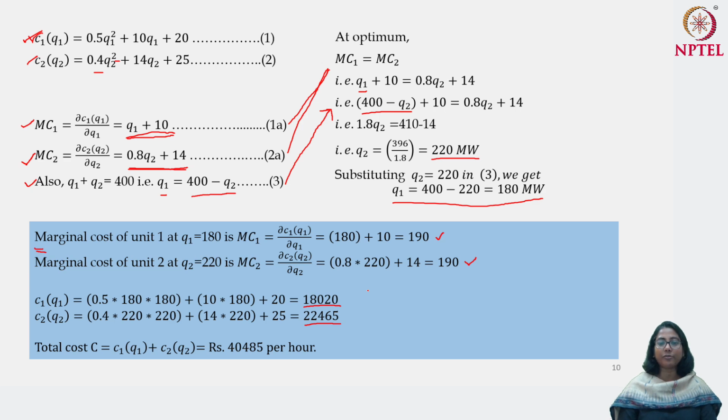You can also check if you want to distribute the generation in an equitable fashion, so both the generating units will produce 200 megawatt, and see the cost implication. You will find that under merit dispatch as well as under this equal distribution, the total cost of generation of the same amount of power will be higher than this 40,484 per hour.